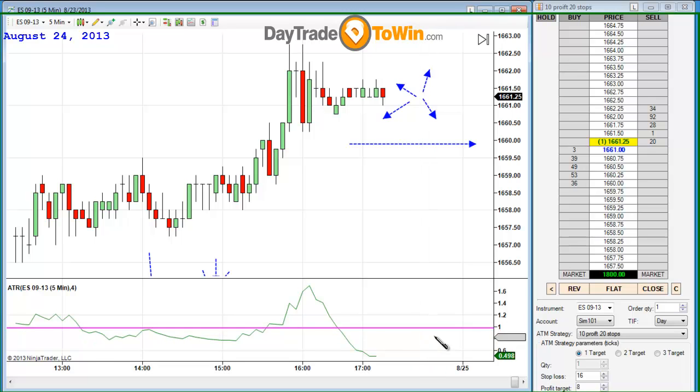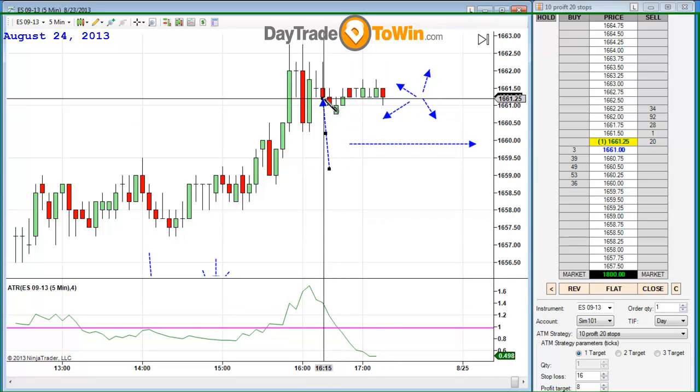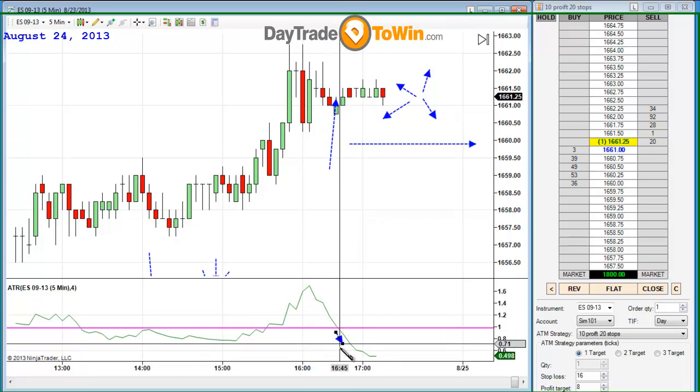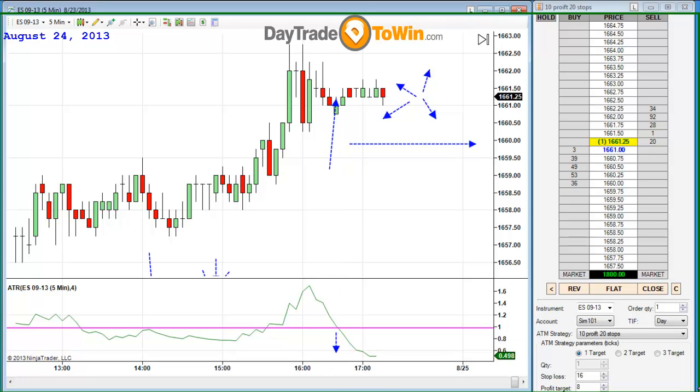Anything less than a point, I believe that it's not worth trading. And if you look at the relationship between what's happening here and here, whenever you have the ATR dropping below 4 ticks, and I would say across the board, any market, you typically have a doldrum, nothing happens, and it's not worth trading.